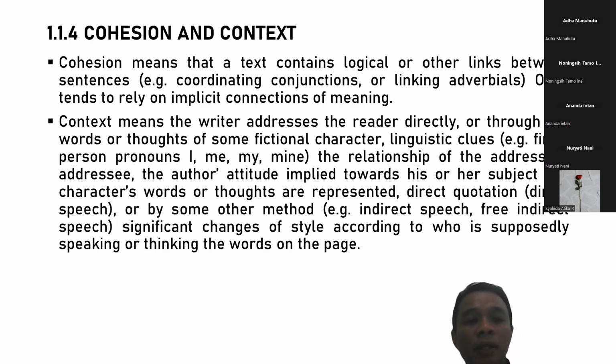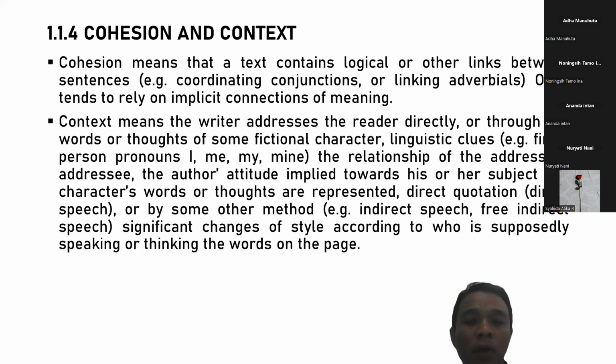And then the second one, context, means the writer addresses the reader directly or through the words or thoughts of some fictional character. For example, linguistic clues: first person pronouns I, me, my, and mine.